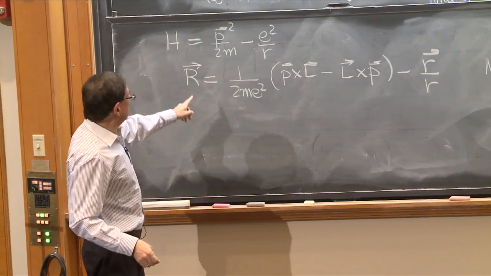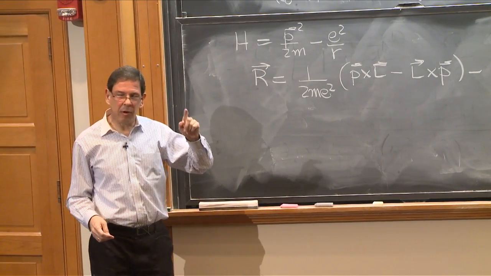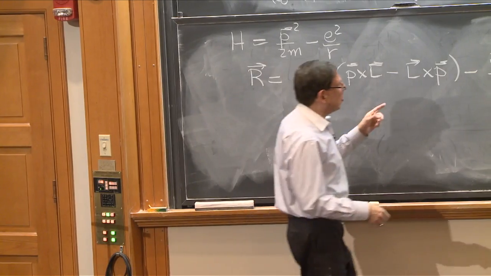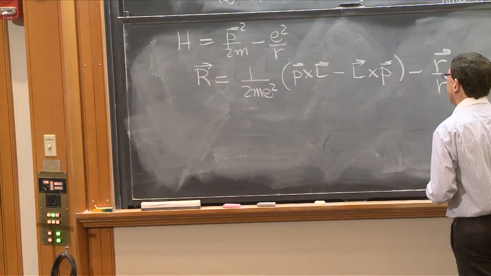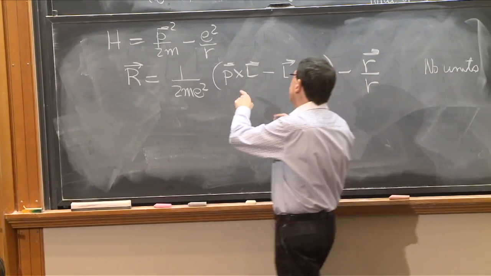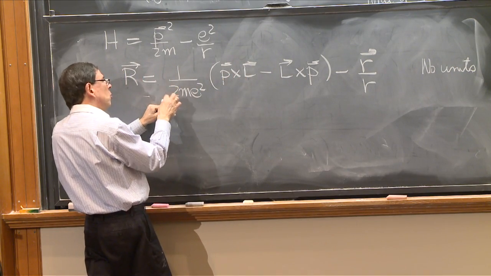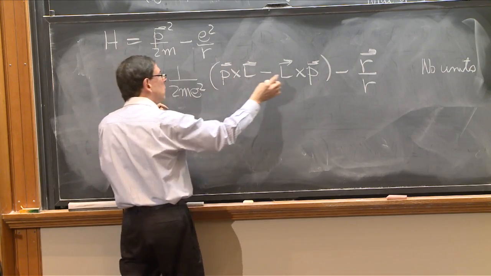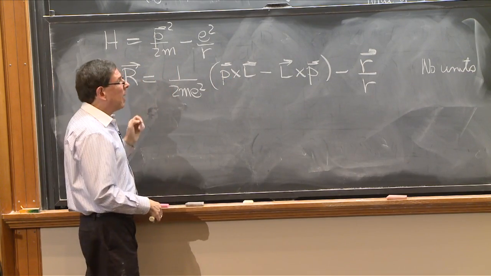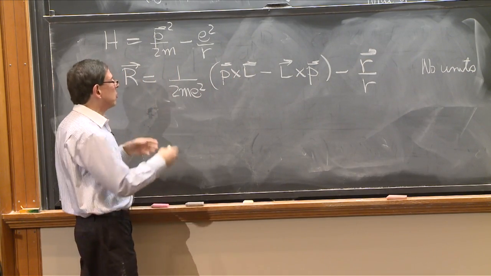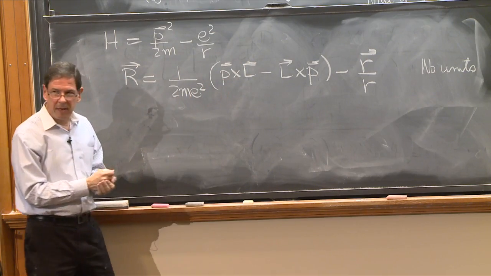With respect to this, the vector is Hermitian, and you may recall that when we did the classical vector, you had just p cross L and no 2 here. There are now 2 terms here, and they are necessary because we want to have a Hermitian operator.